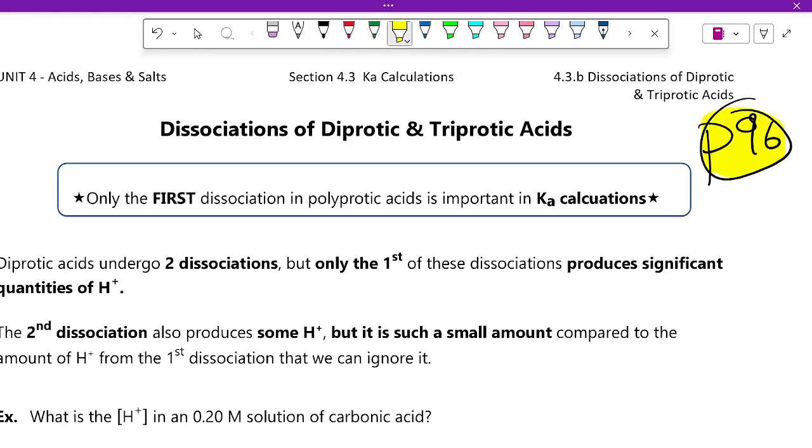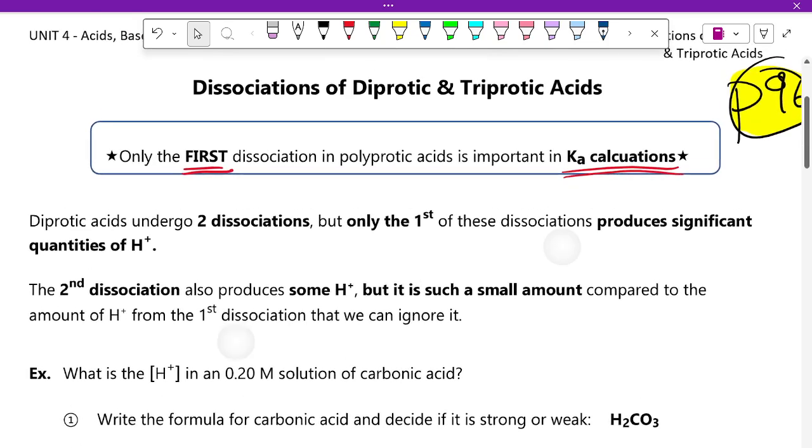When you are looking at a diprotic or a triprotic acid, only the first dissociation is important in Ka calculations. Okay?